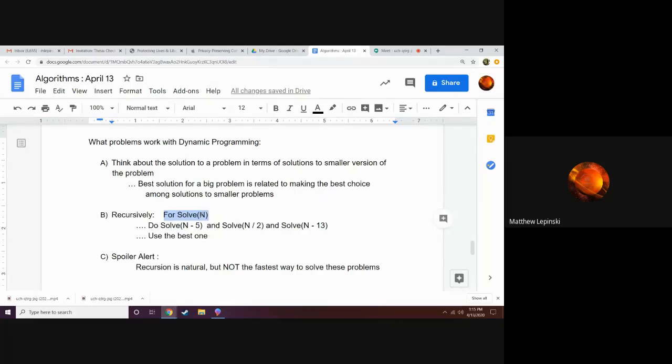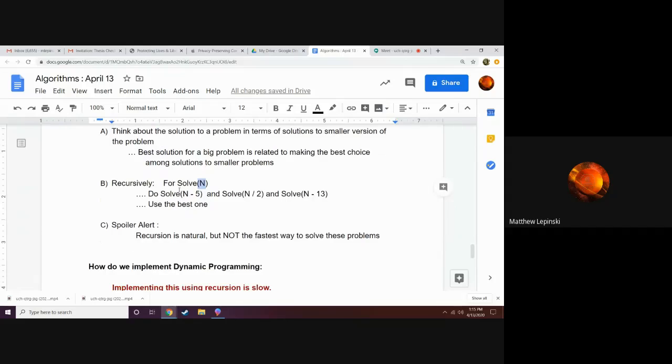In some optimization problems, you can think of solving the problem for n in terms of solving some smaller problems and taking the best one.